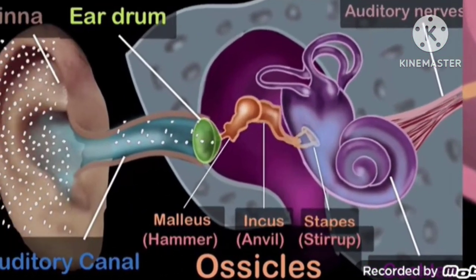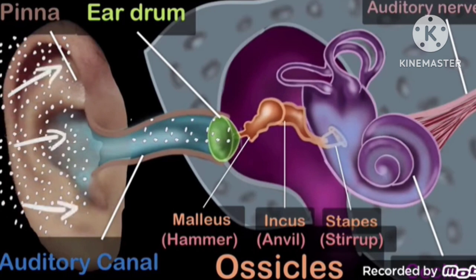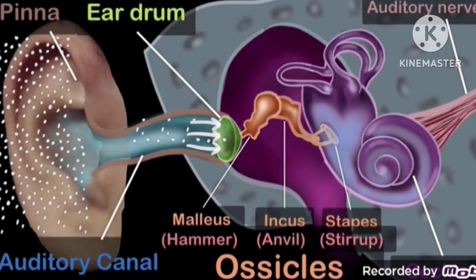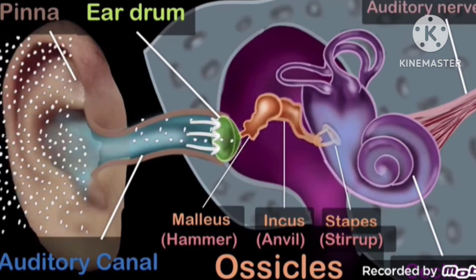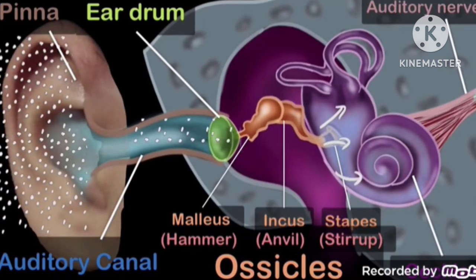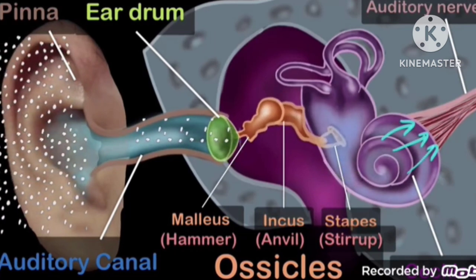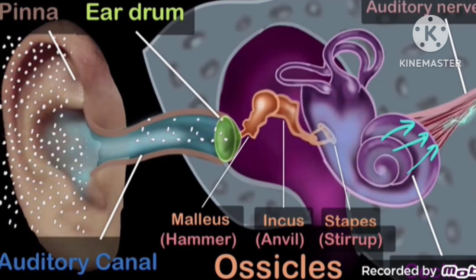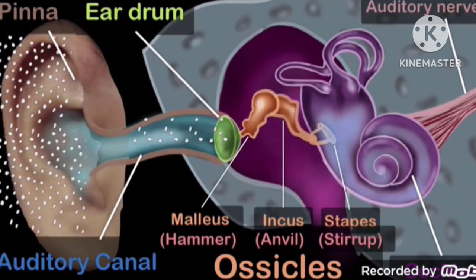And so to summarize, the outer ear collects the sound waves through the pinna and directs them to the eardrum. The three ossicle bones of the middle ear amplify this sound wave, transferring it to the cochlea. And then the cochlea transforms the back and forth vibrations of the particles into electrical signals and sends them to the brain.